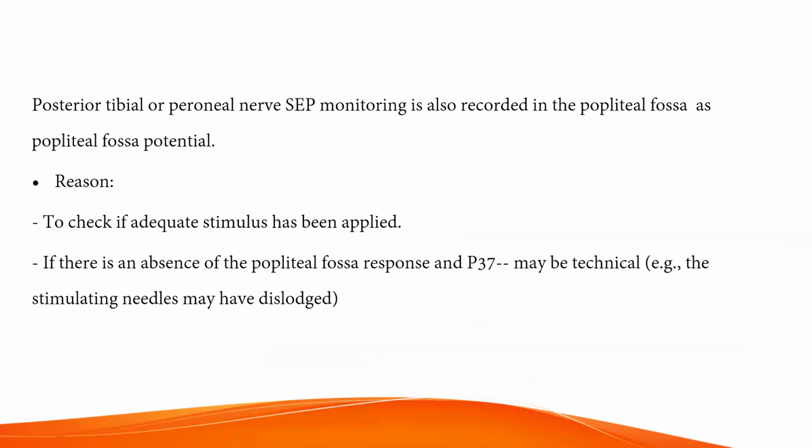That means when the posterior tibial or peroneal nerve is stimulated distally, we record the reading in the popliteal fossa as a popliteal fossa response potential. If the popliteal fossa potential is present and the cortical response is not present, then we have to think that something is going wrong at the level of the spine.